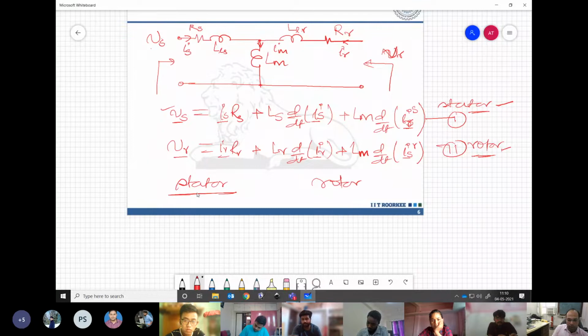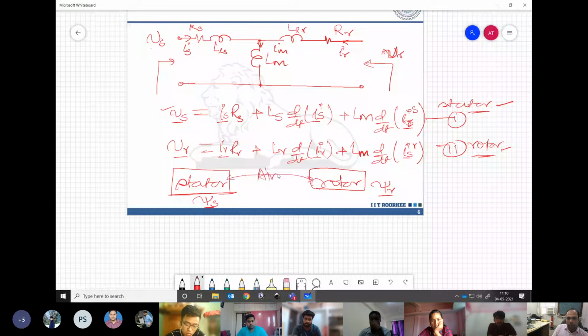So there is some flux associated with the stator that we may call as psi s, and there is some flux associated with rotor that we may call as psi r. So of course vector, and there is some flux which is associated with both. So that is called as our air gap flux. This we can call as psi m.